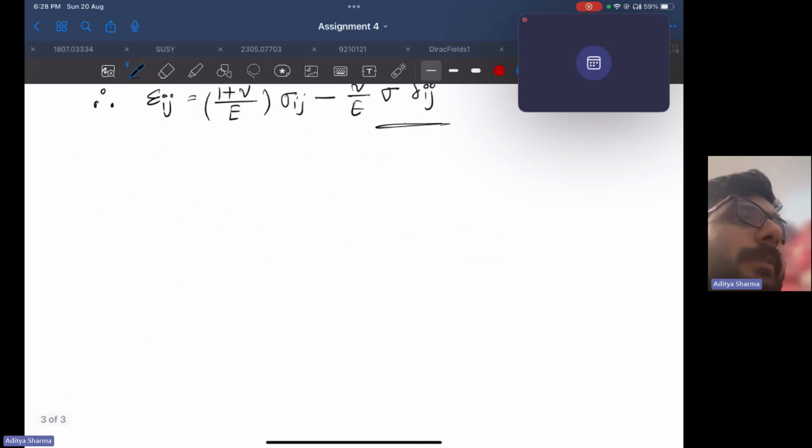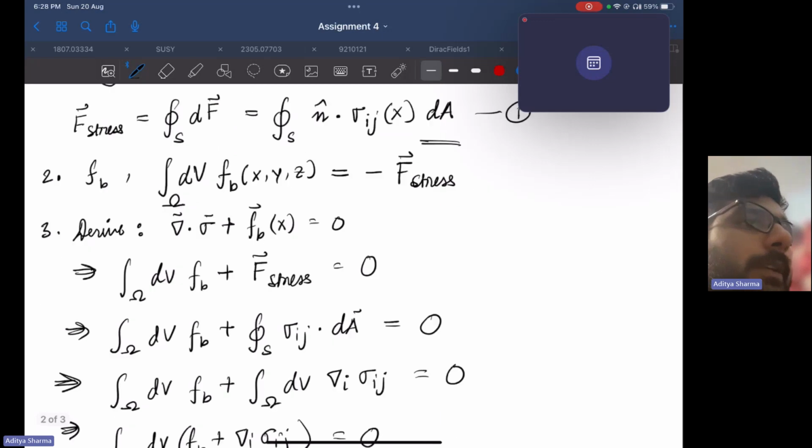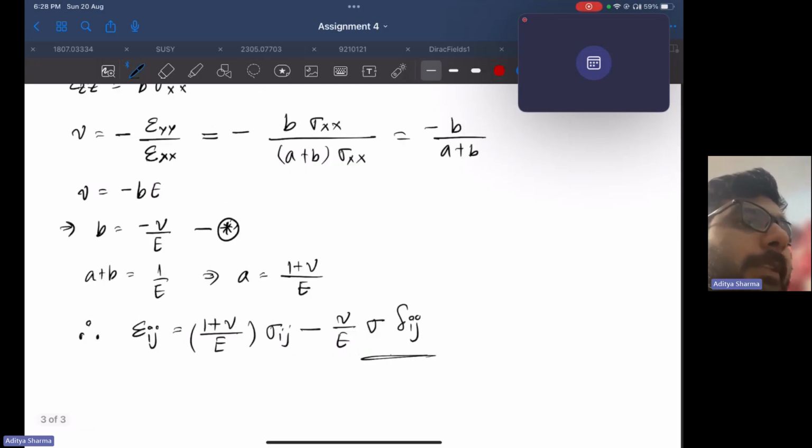Now we are going to do some problems in the stress function method.